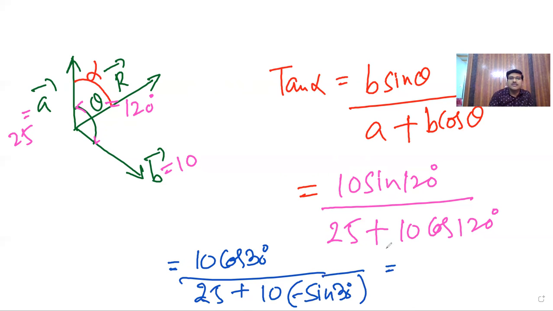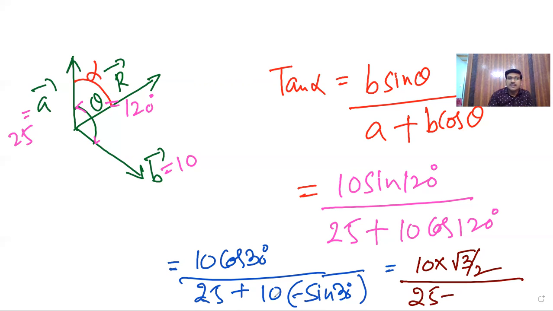Now simplification of this leads to 10 into root 3 by 2 by 25 minus 10 into sin 30, half.